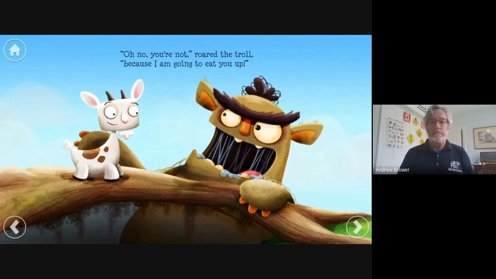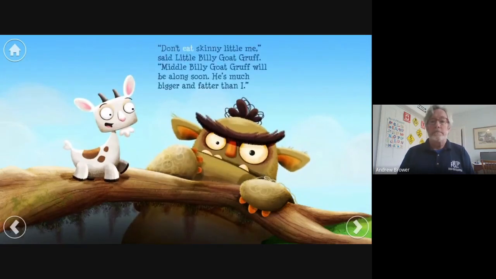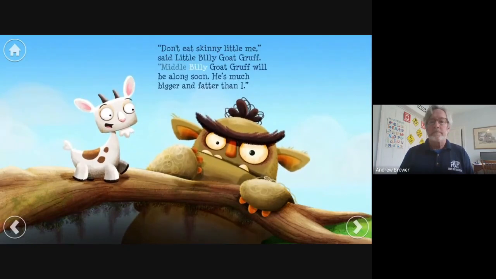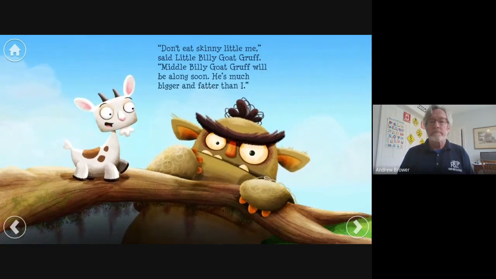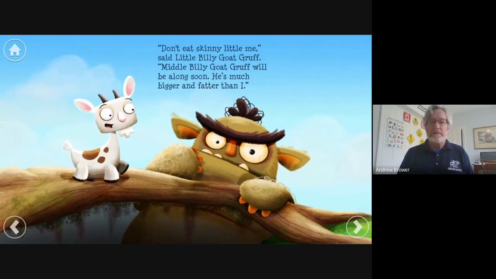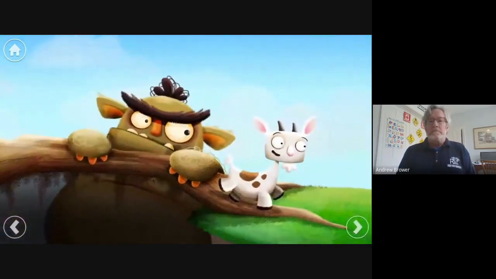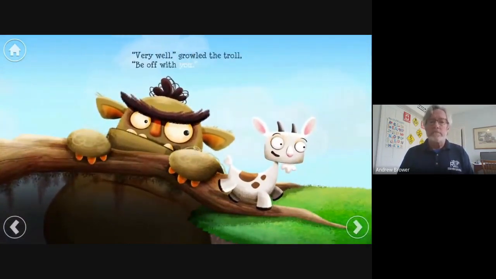Don't eat skinny little me, said little Billy Goat Gruff. Middle Billy Goat Gruff will be along soon. He's much bigger and fatter than I. Very well, growled the troll. Be off with you.